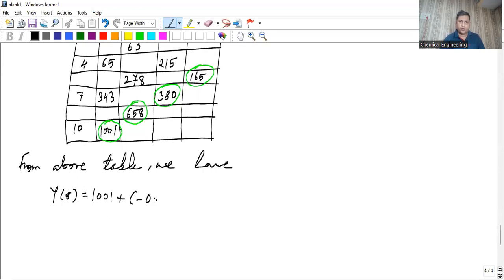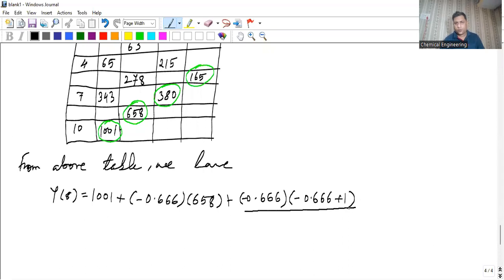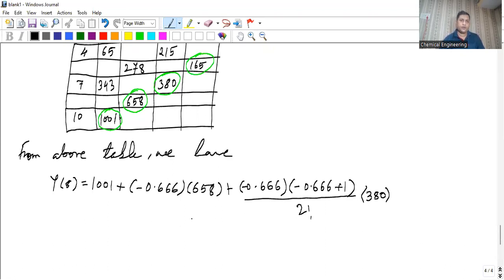Okay. So here we have 0.666 and del yn, so it is 658, plus we have minus 0.666 into minus 0.666 plus 1 by 2 factorial, and here we have 380. Okay.